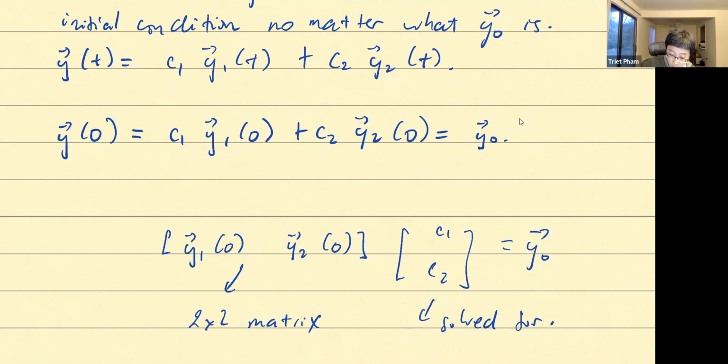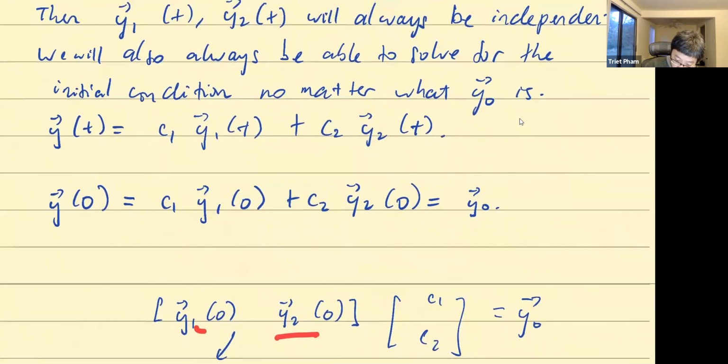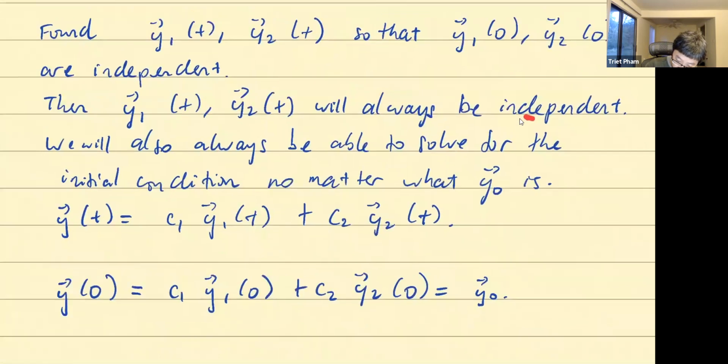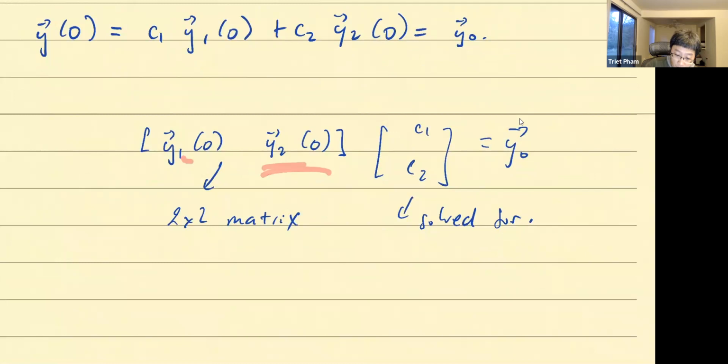Now, this is where facts 1 to 6 will be useful again. Facts 1 to 6 say that if these two columns are independent, which is by assumption, then this matrix is invertible.